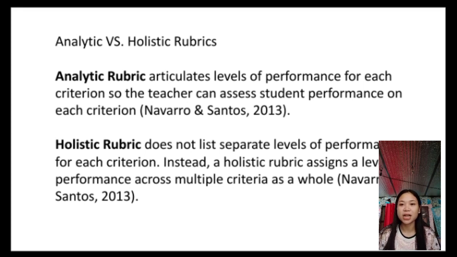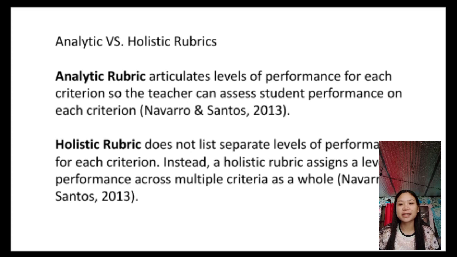Each criterion is evaluated separately, and the rubric articulates different levels of performance for each criterion. This allows teachers to assess student performance on each criterion individually, providing detailed feedback on strengths and areas for improvement in each aspect of the task or assignment.